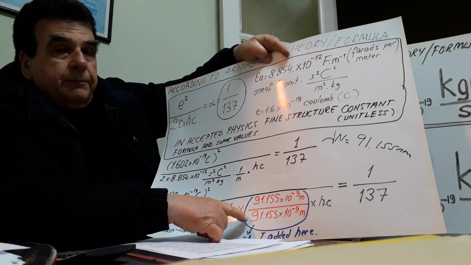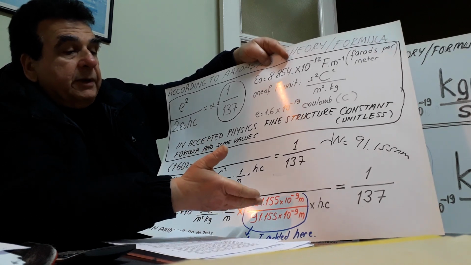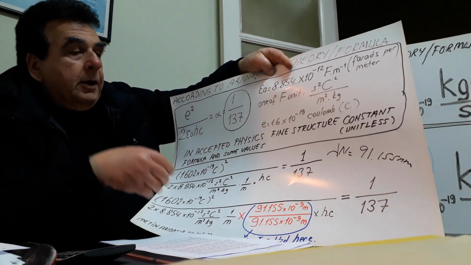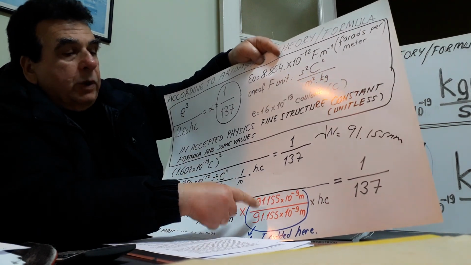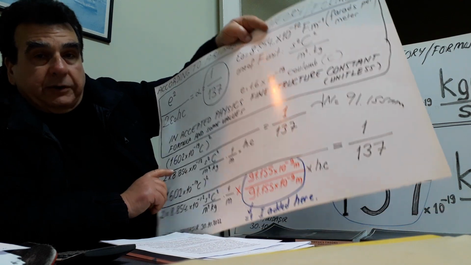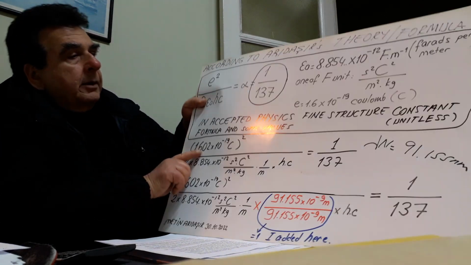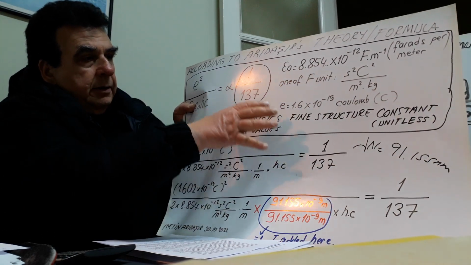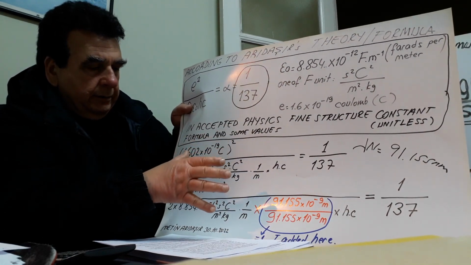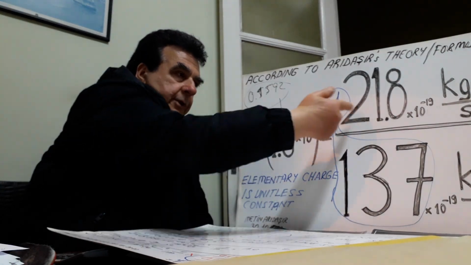This is hydrogen-centric or 91.155 centric or 137 centric, but mainly 91.155 centric. Okay? Because this is fake. Here, when we compute it, we find this. Okay?